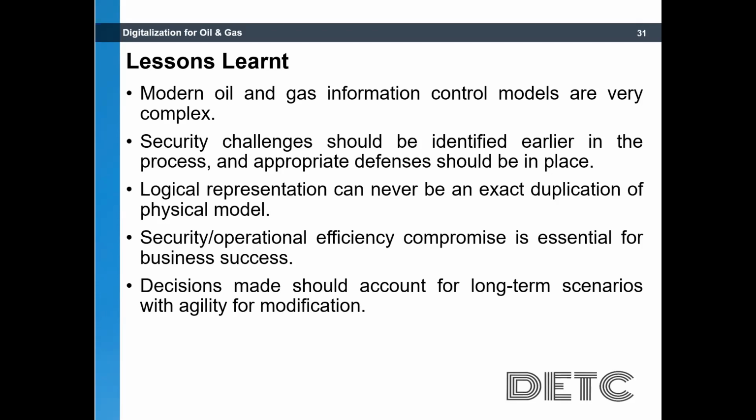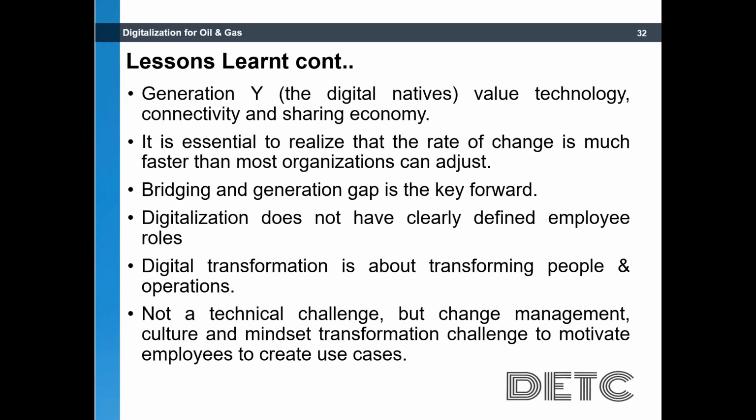The decisions need to account for agility and change management. Generation Y and their culture or psychological aspects of mobility and digital over-reliance will manifest and will have implications in the workplace. Therefore, it's important to account for this early in the process and have clearly defined policies, regulations, and compliance.